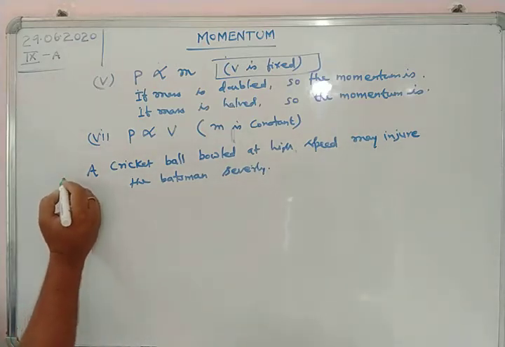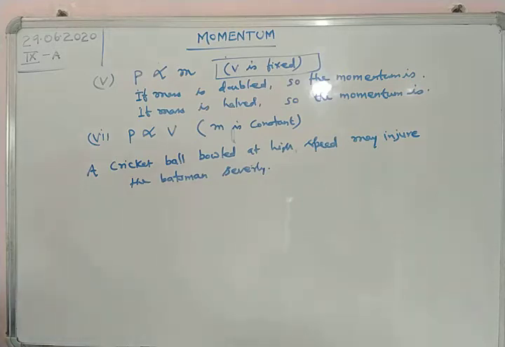So we can say that surely a cricket ball bowled at high speed may injure the batsman severely, because having high speed means having great momentum. So these are the characteristics of momentum.